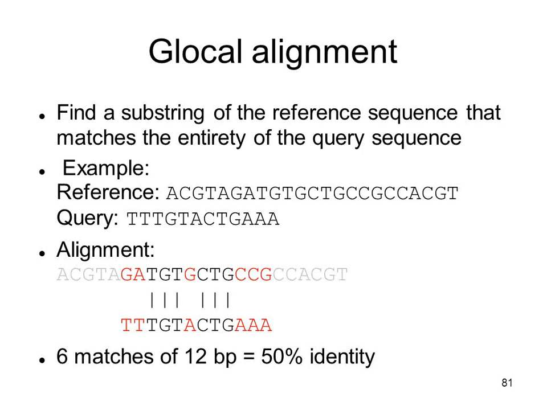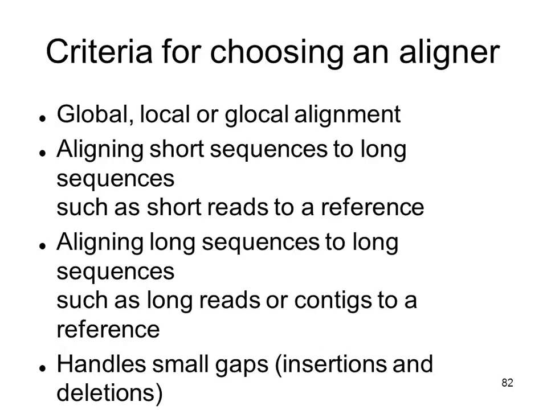So in this case, the ends of the query sequence that don't align are considered in the equation, and you get a penalty. With exactly the same query sequence, you have 6 matches out of 12 base pairs instead of 6 matches out of 7 base pairs, and that leads to a decreased identity and decreased significance.